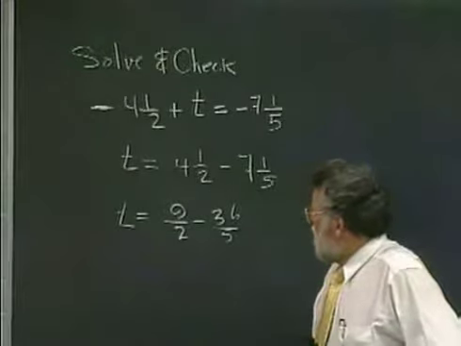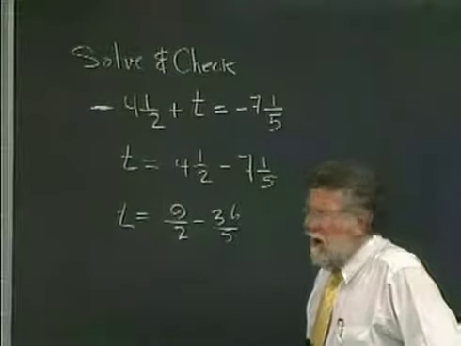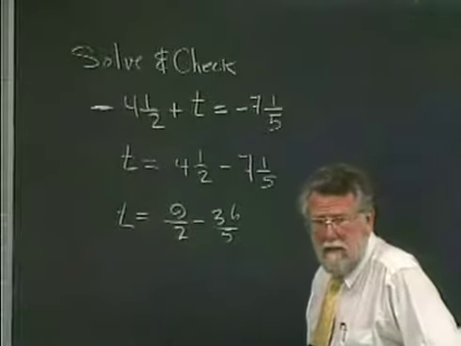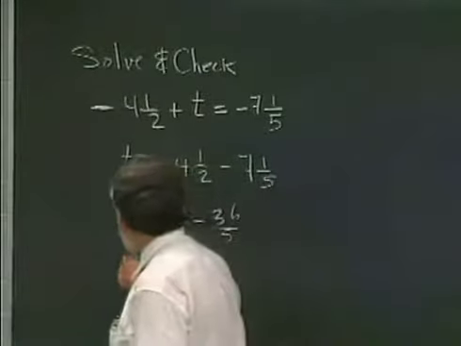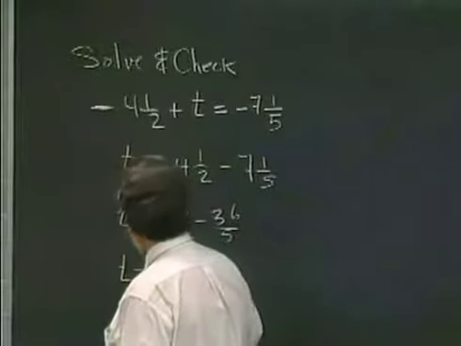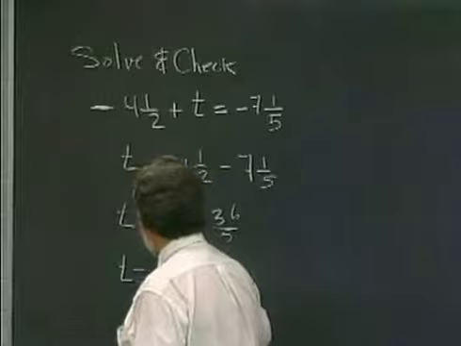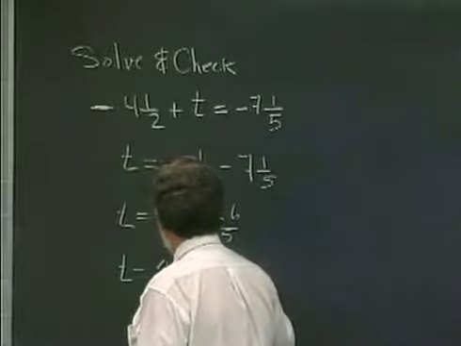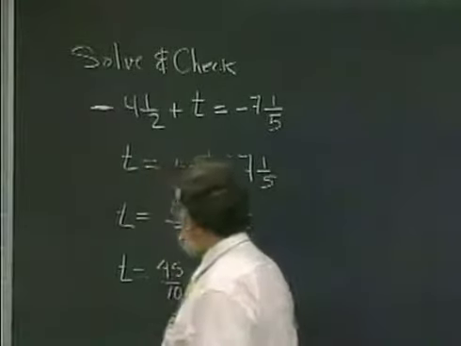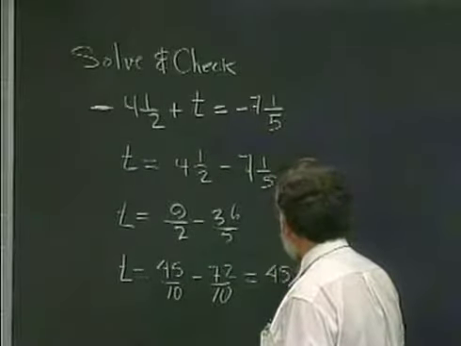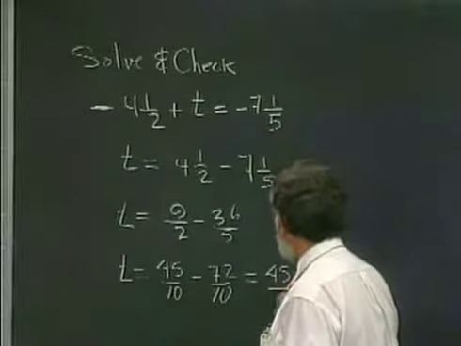If I do that, then what I need to do is find a common denominator, which is 10. So that is going to change this to 45 over 10. And then I have a negative 72 over 10, which as an intermediate step would be 45 minus 72 over 10.